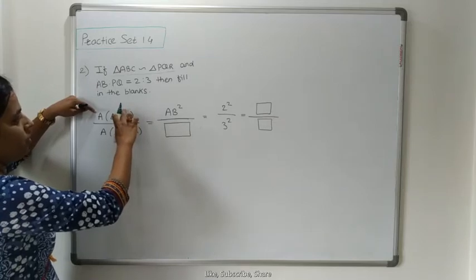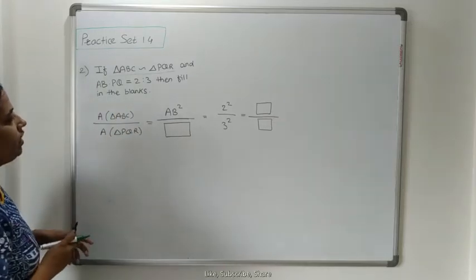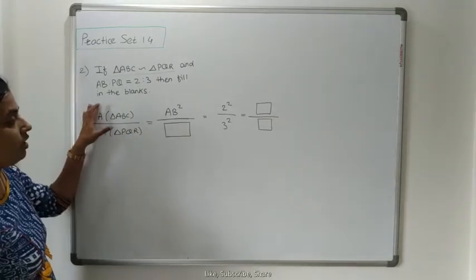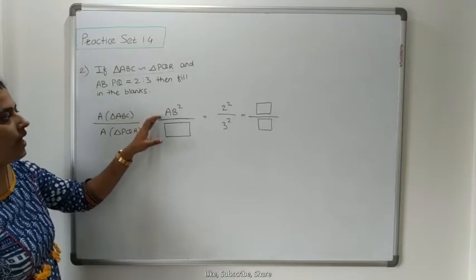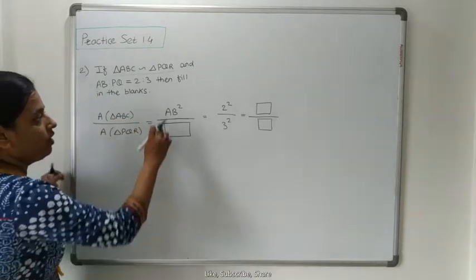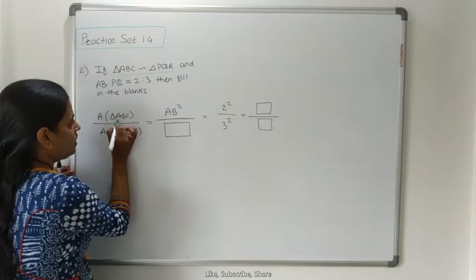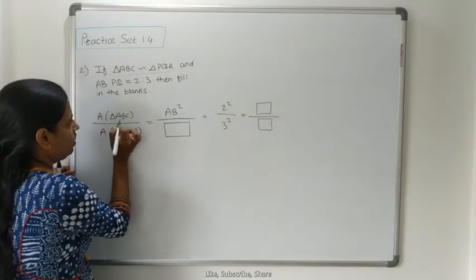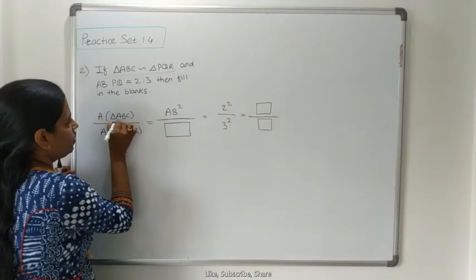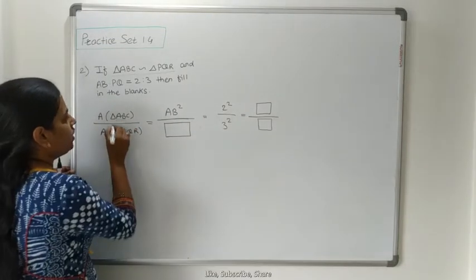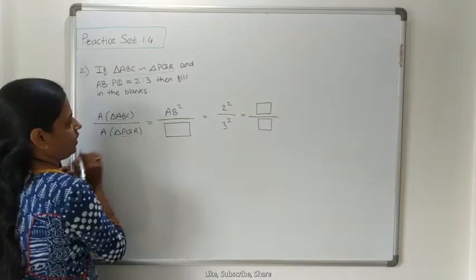So when we talk about similar triangles, their areas are equal to the squares of their corresponding sides. That means when I consider side AB, then for the next triangle this side is equivalent to side PQ.